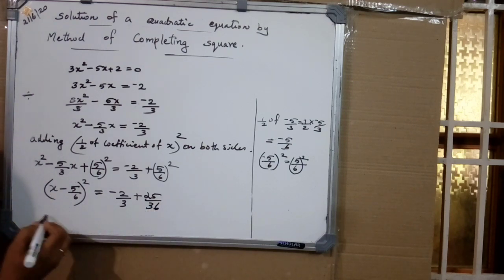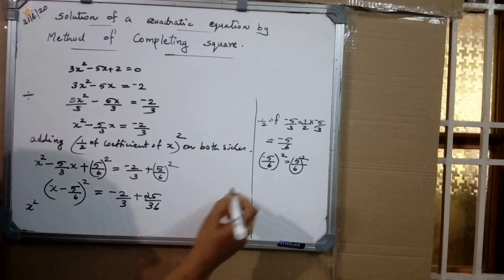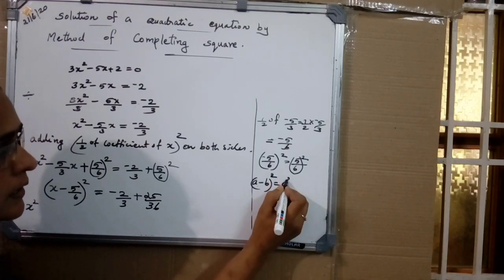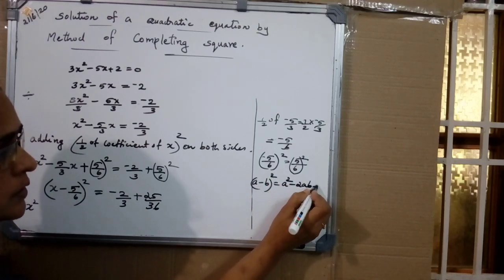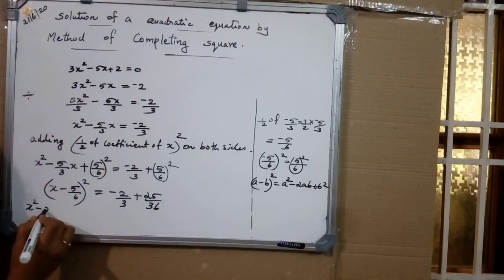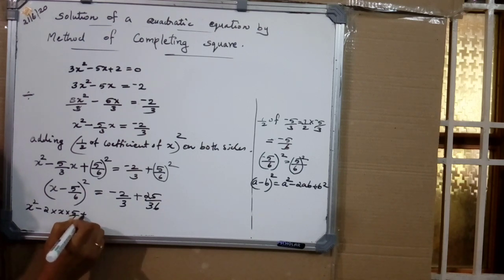Now I'll expand and show you how it is. Just expand it. First, a minus b whole square. What is a minus b whole square? We have a minus b whole square as a square minus 2ab plus b square. So it is x square minus 2 into a into b plus b whole square.